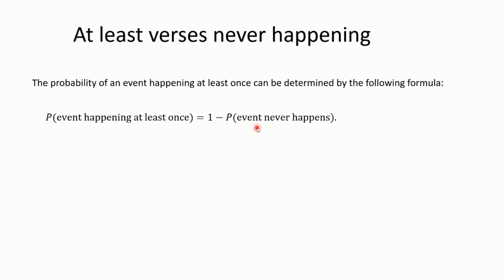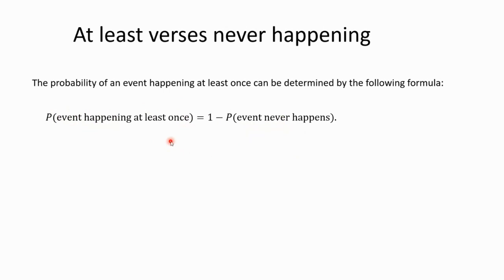The complement means the event doesn't happen. If it doesn't happen at least once, it can't happen at all. It never happens, in other words.